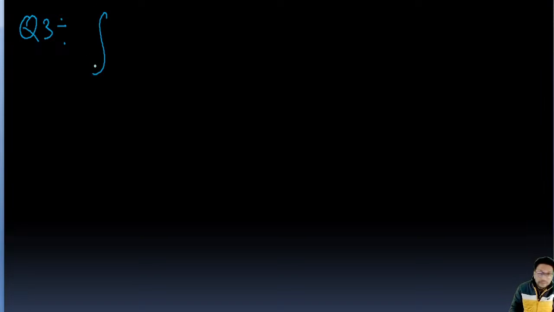0 to 3, x square delta(x minus 3) dx. Okay, this value is going to be, limit is 0 to 3 and a is 3 here, right?